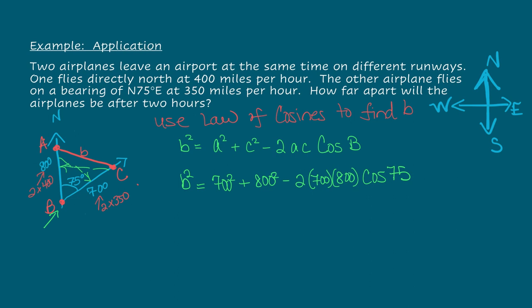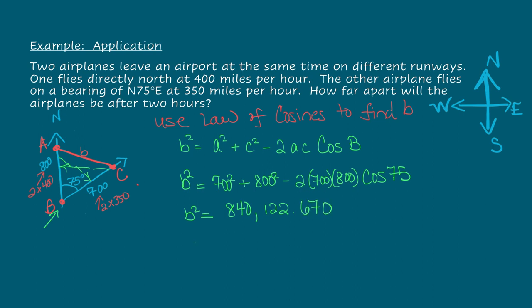which is going to equal b squared equals, if I do this arithmetic, I'm going to get 840,122.60 or 670.